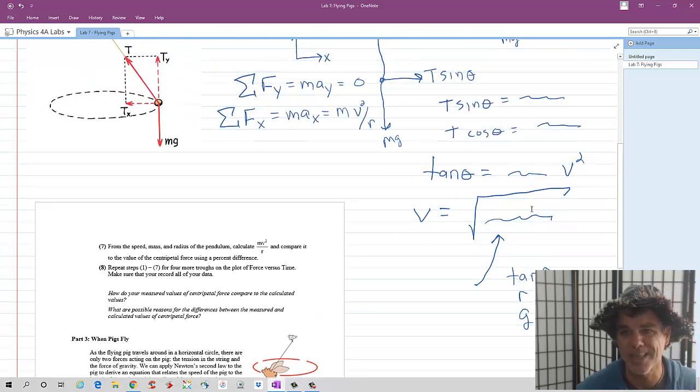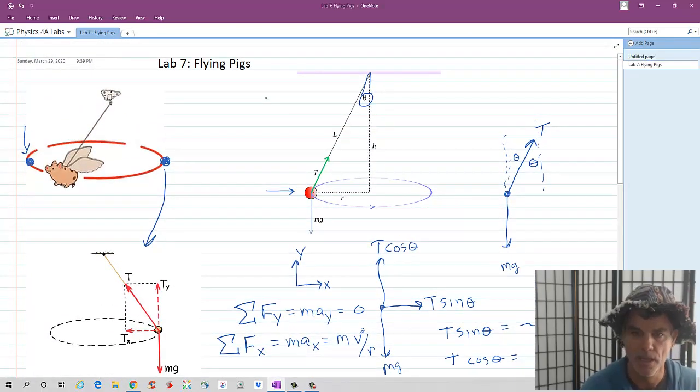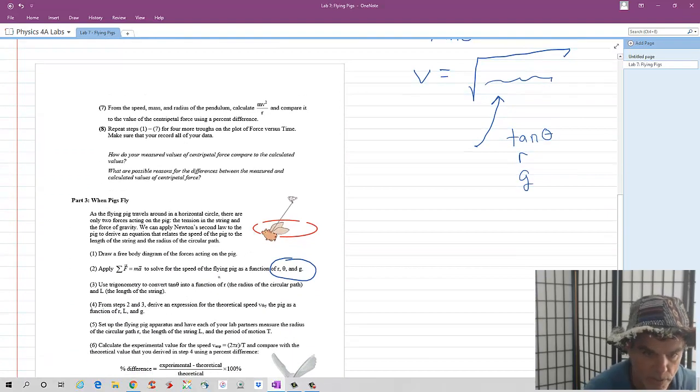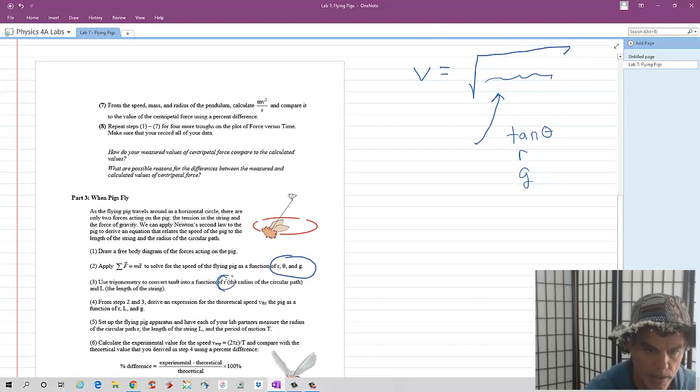Now what you want to do is use trigonometry to convert tangent of theta into something that only depends upon r, the radius of the circular path, and L, the length of the string. So ultimately you get v as a function of just R, the radius of the circular path, L, the length of the string, and there'll also be g in here.